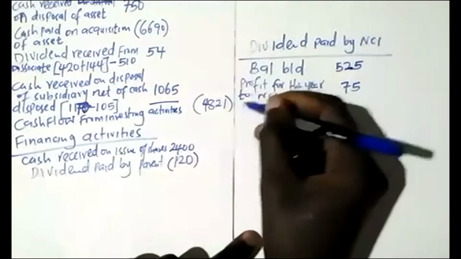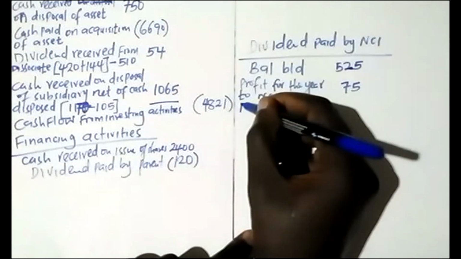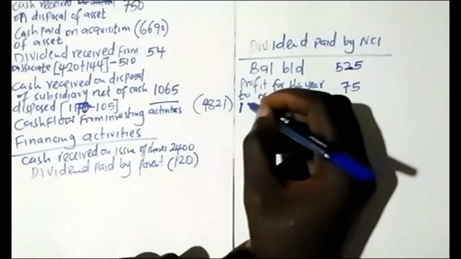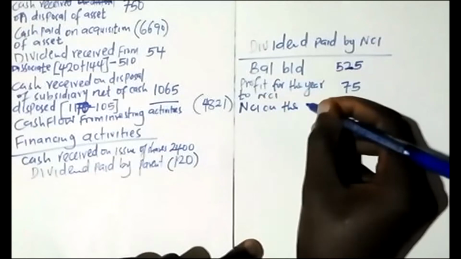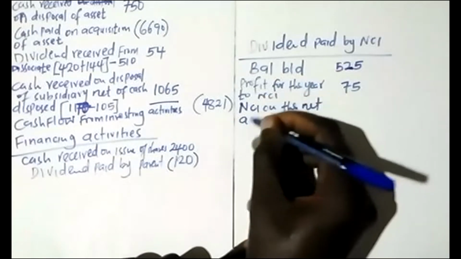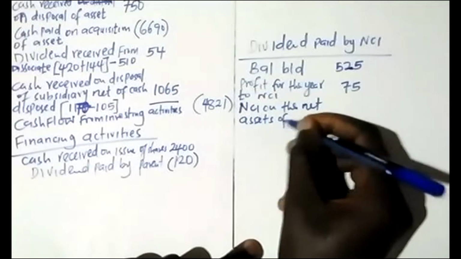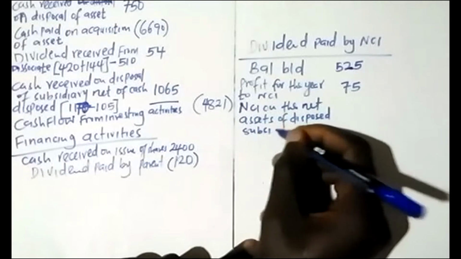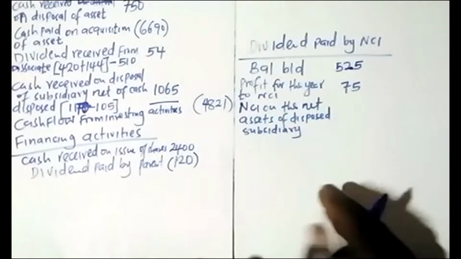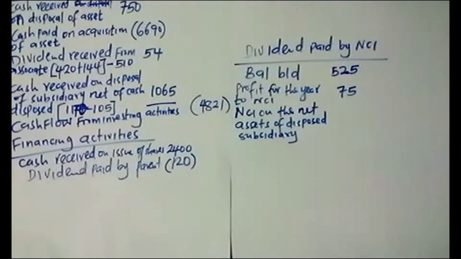After that, we have to consider the NCI on the net assets of disposed subsidiary. In that scenario, we will take the total net assets of the disposed subsidiary.